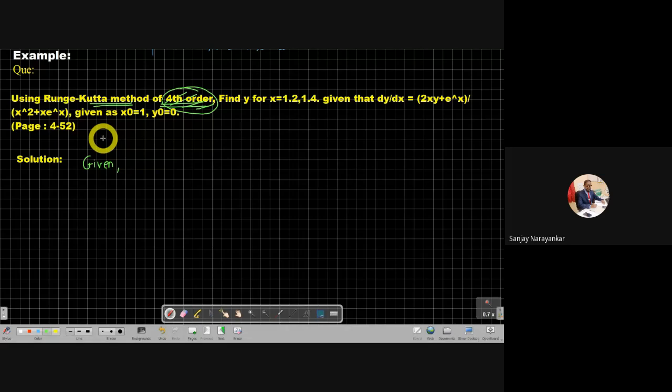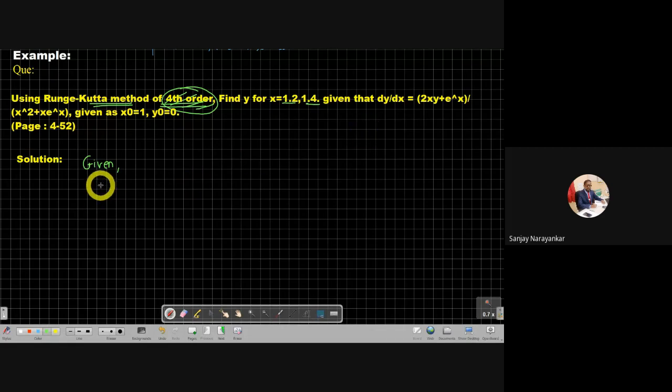So what is given in the problem statement? First is method. Method is given. Second, find y at x is equal to 1.2 and x equal to 1.4.